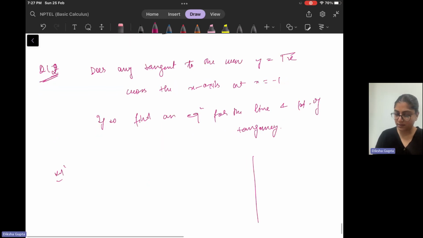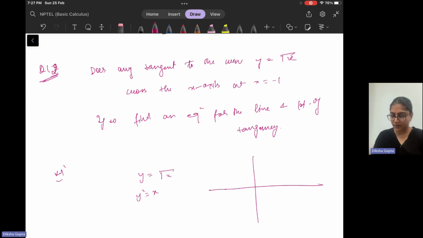So you are given the curve y equals root x, that is y square equals x, x equals y square. So x is positive, so it will be somewhat like this, but y is also positive, so it is like this. So you have to find, does any tangent to the curve cross the x-axis, does any such point exist such that it crosses this at minus 1.